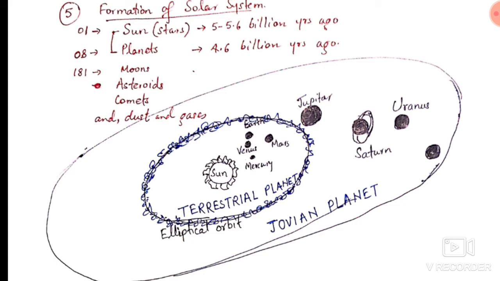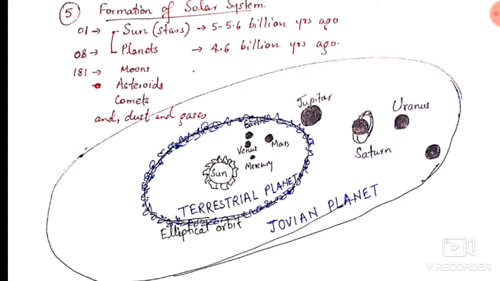Terrestrial means earth-like, meaning all the planets within the inner circle have the same kind of rocks or physical features associated with them. But outside of these terrestrial planets are the Jovian planets.